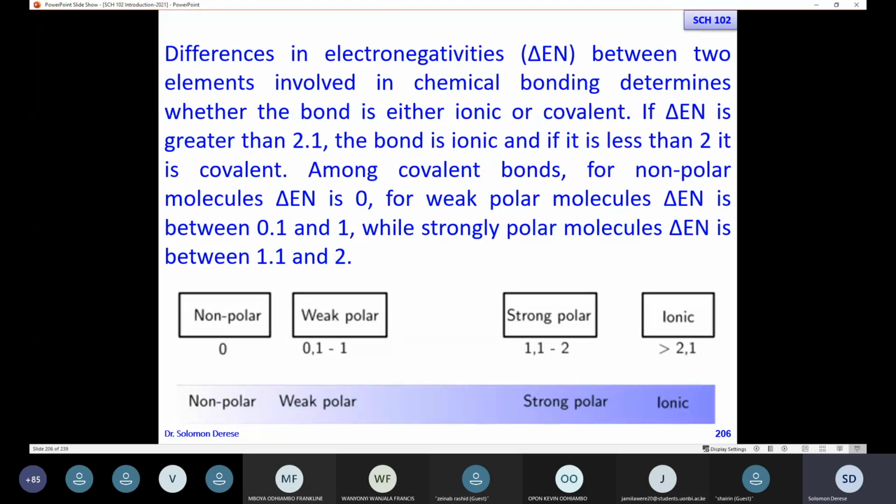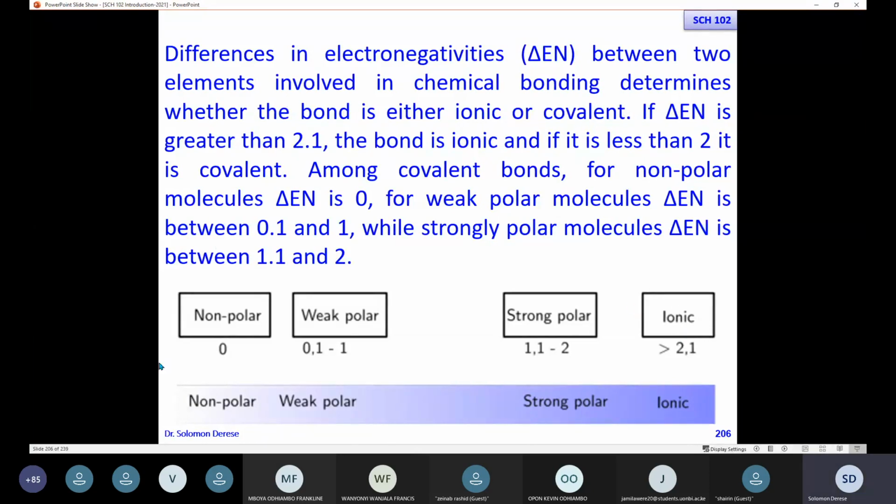So if the electronegativity difference is 2.1 and greater, the chemical bond between the two elements will be ionic.